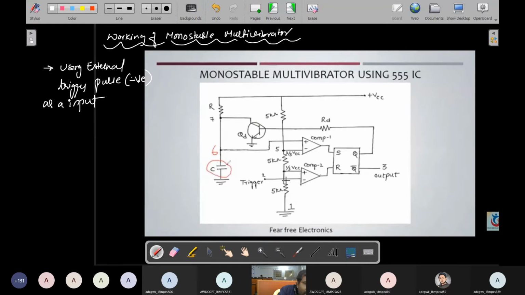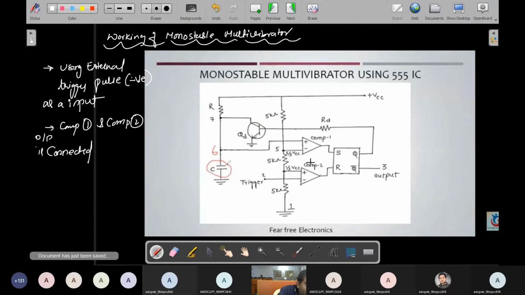And these comparator 1 and comparator 2 are connected to one flip-flop. That means the outputs of comparator 1 and comparator 2 are connected to a flip-flop.